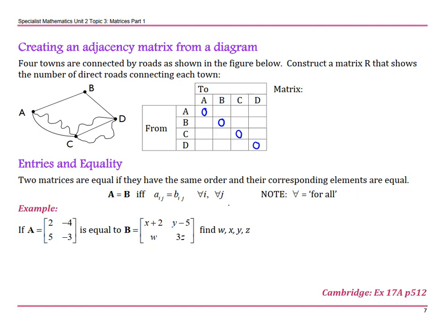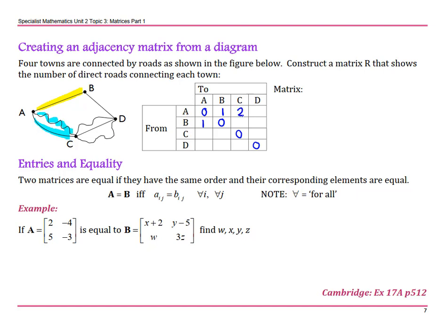Then if we look from A to B, we only have this one road here. So from A to B, we have one road, which means from B to A, we have one road. There are no arrows saying that these roads are one way. From A to C, we have 2: 1, and this wiggly road, 2.